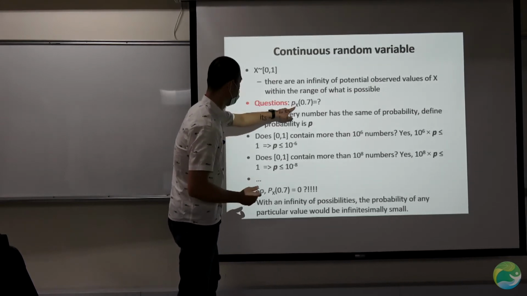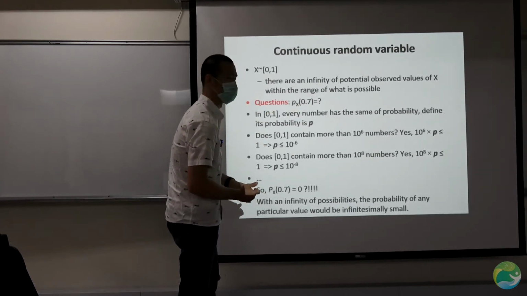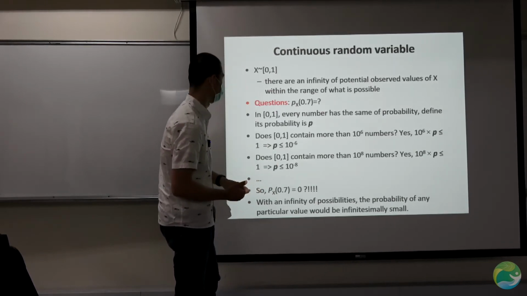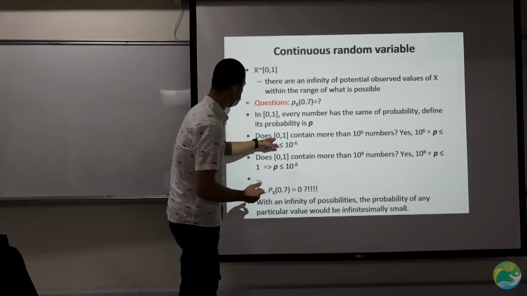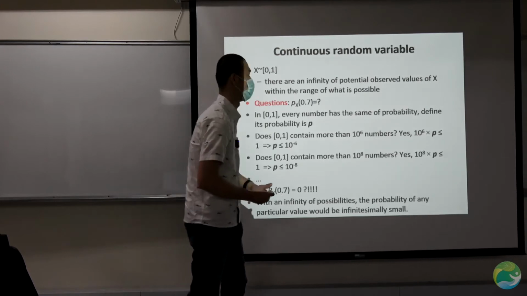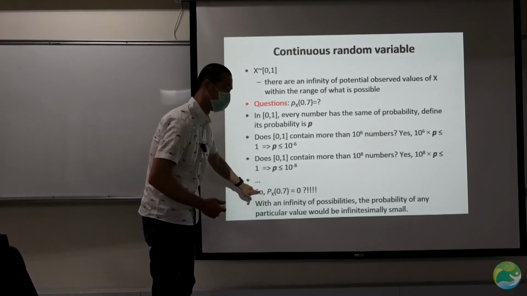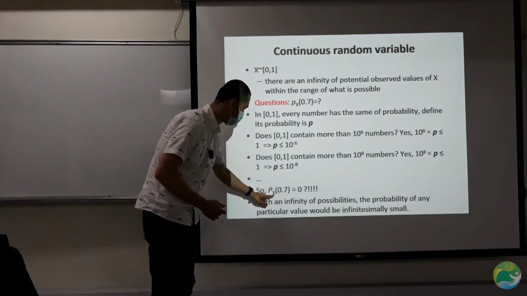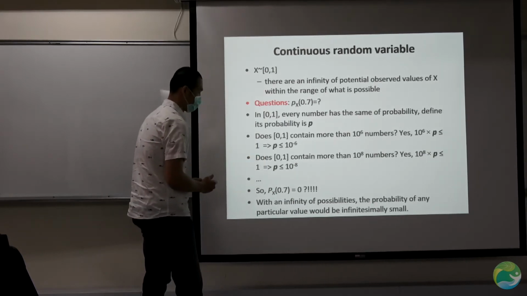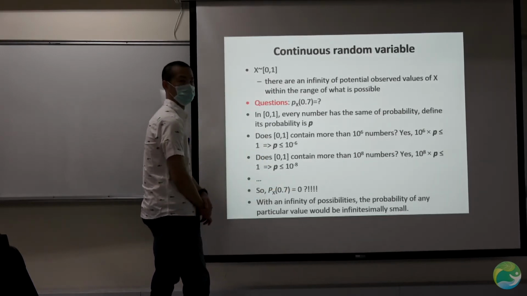So when x is exactly equal to 0.7, what is the probability? Very small, right? So actually, within this range, there are an infinity of potential observed values of x. So the probability of observing a random variable with the value x equal to 0.7 is actually 0. It's actually 0.